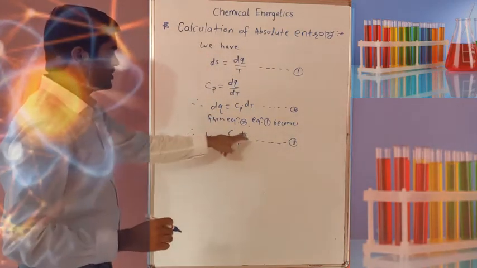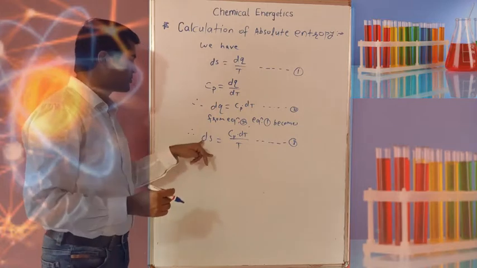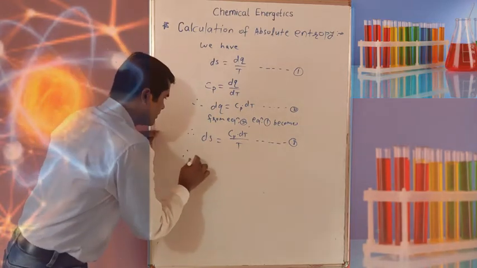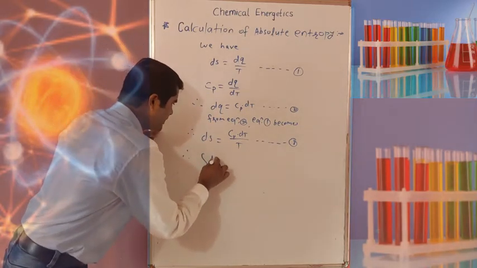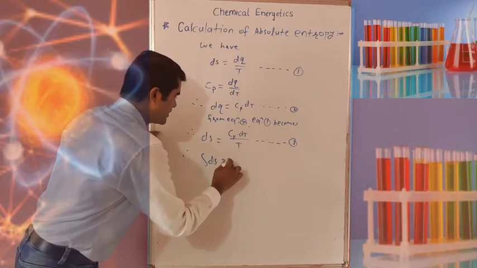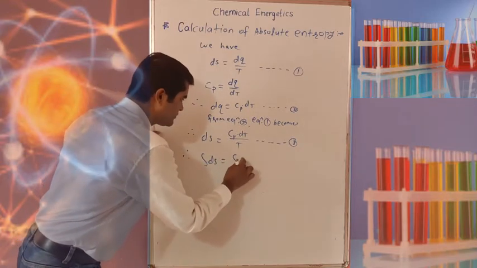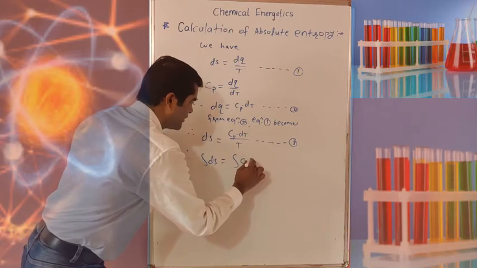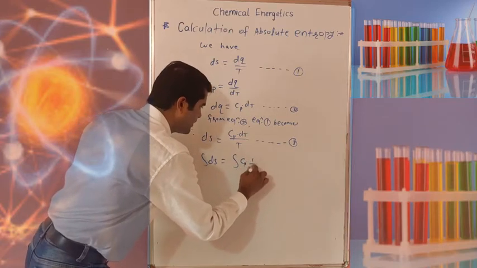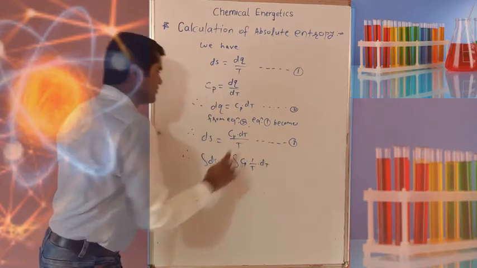Now I don't want the derivative, so to remove it we have to take integration. Therefore, integration of equation 3: integration of dS is equal to Cp into 1 upon T dT.